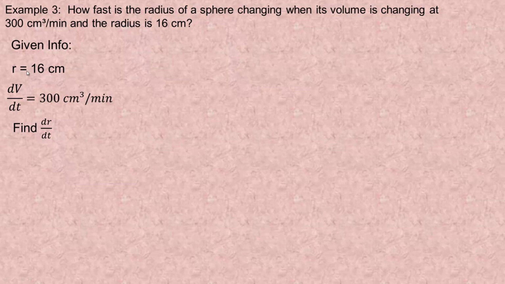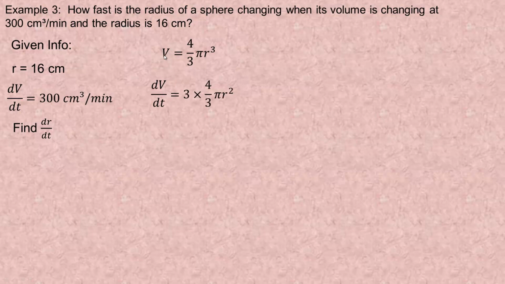Now, the connection between r and volume here would be the volume of a sphere formula, so you'd need to know that. So some of these related rates questions, you need to refer back to some geometry measurement formulas. So the volume of a sphere is 4/3 pi r cubed. So this is what we're going to differentiate with respect to time, both sides.